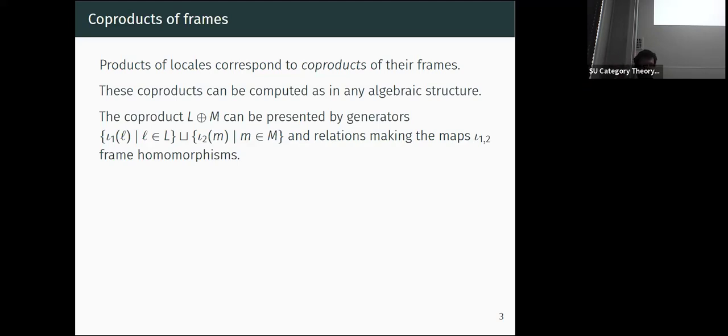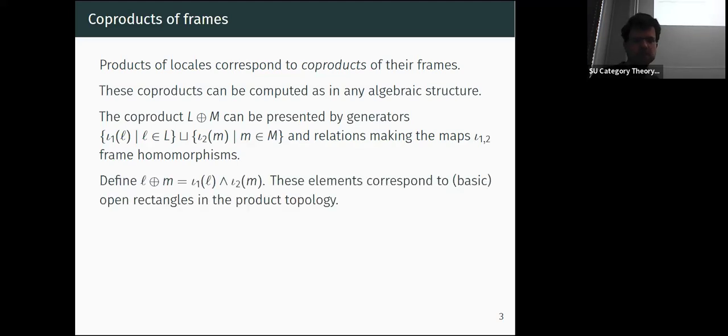That's exactly the same as saying that the co-product inclusions become algebra maps. So that's always how you can define a co-product.